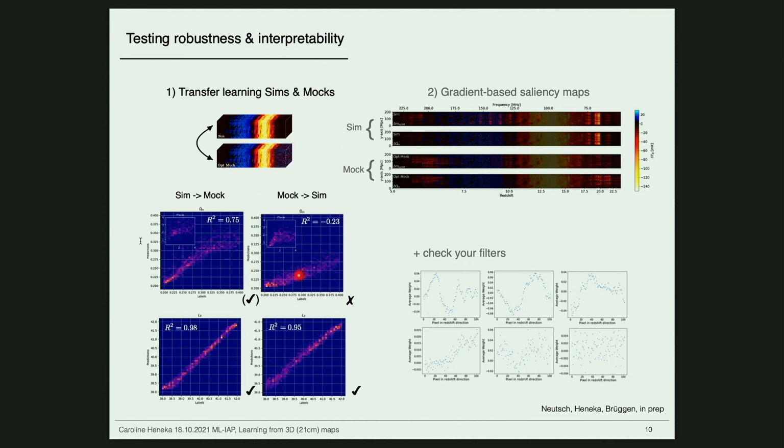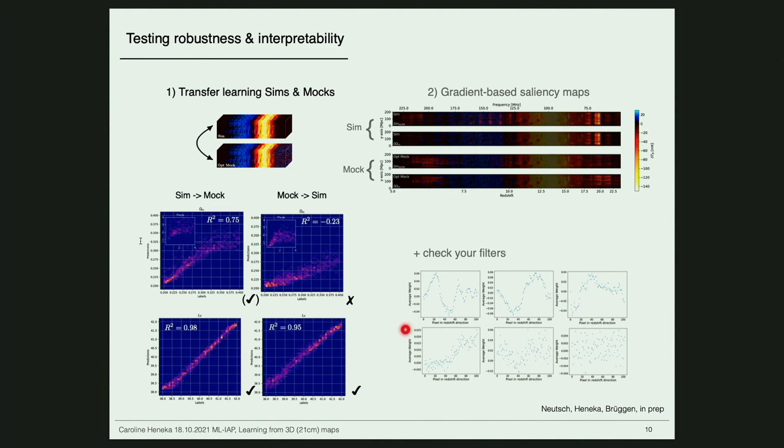But if we do the vice versa, where we know our noise model really well and train on that, and then go to something else, in this case the simulations, we actually get a large bias in our parameter. So one needs to be careful. Different parameters have different sensitivities and particularities here.